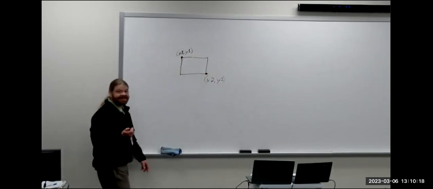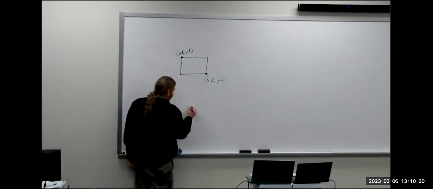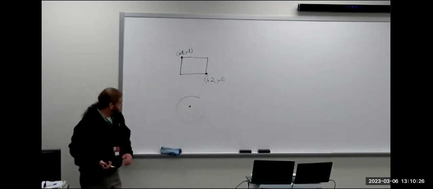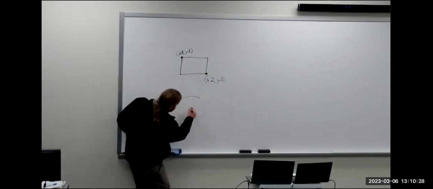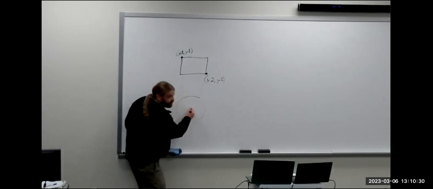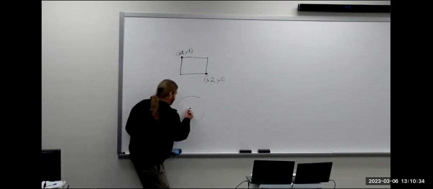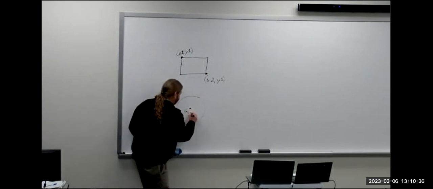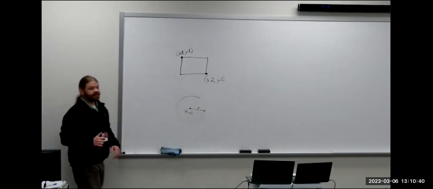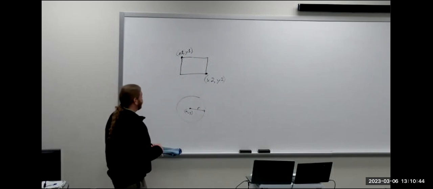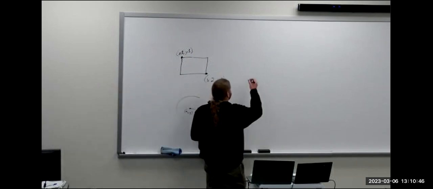A circle is a nice, easy shape too. One of the definitions of a circle is all the points equidistant from the center. So to define a circle, all we really need to know is where's the center and how much is the radius. And that'll tell us all the information about a circle. And another common shape is going to be a polygon.